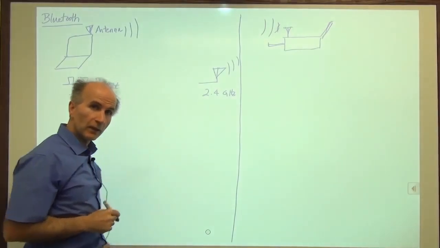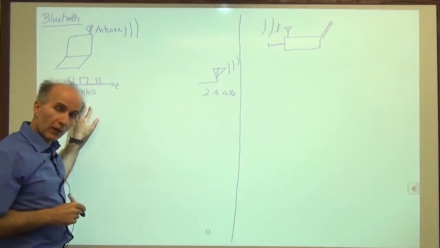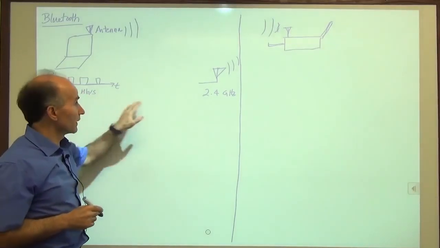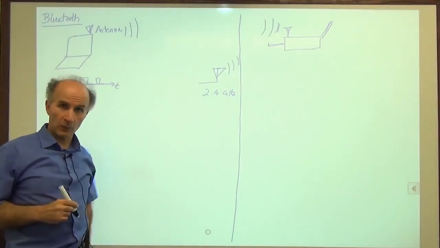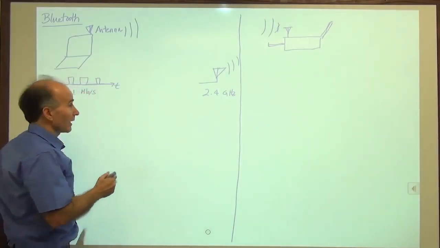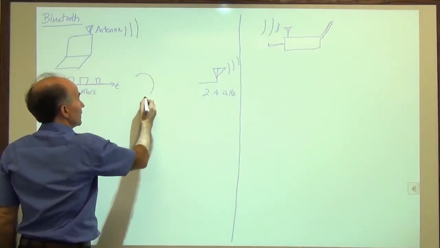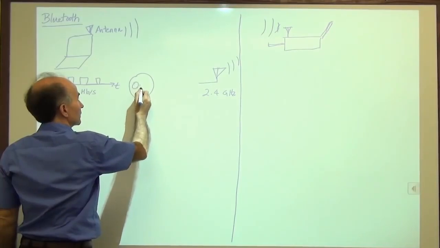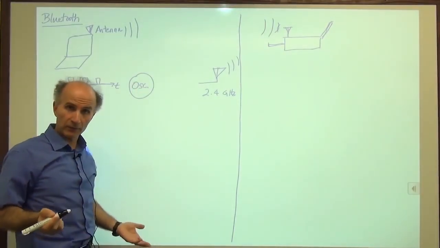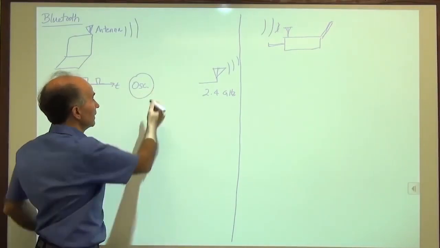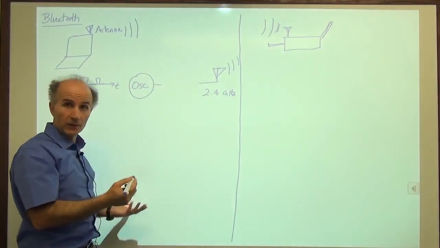All right, so how do we go from this data at 1 megabit per second to this frequency of 2.4 gigahertz? Well, here's a nice way. We will take an oscillator. So here's an oscillator. An oscillator generates a periodic output. So if I were to sit here, I would just see maybe a sinusoid.